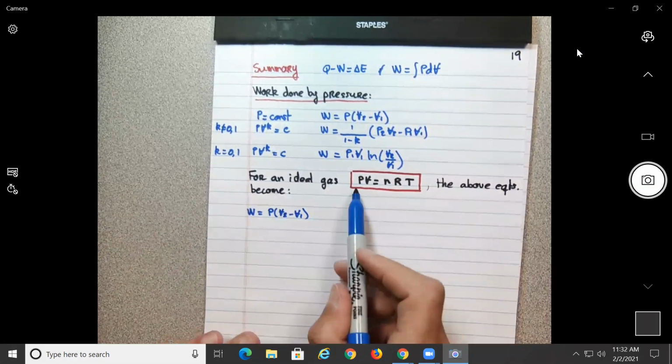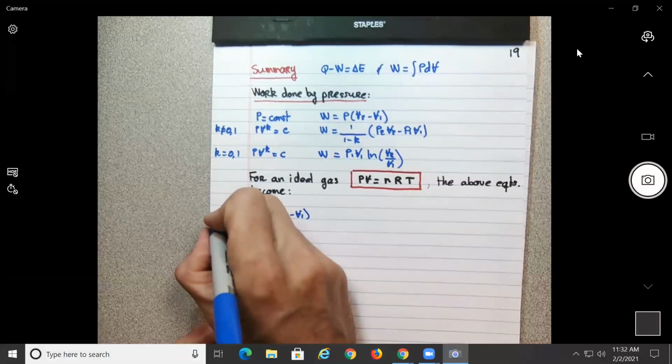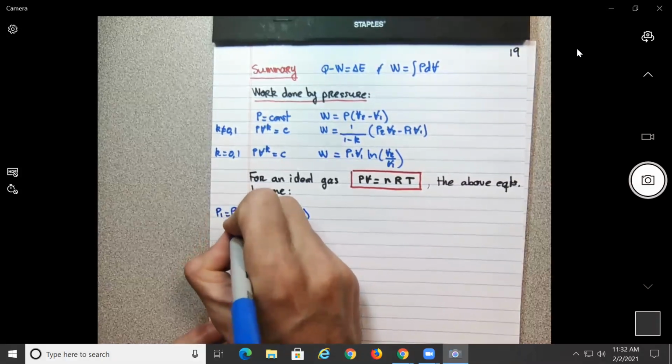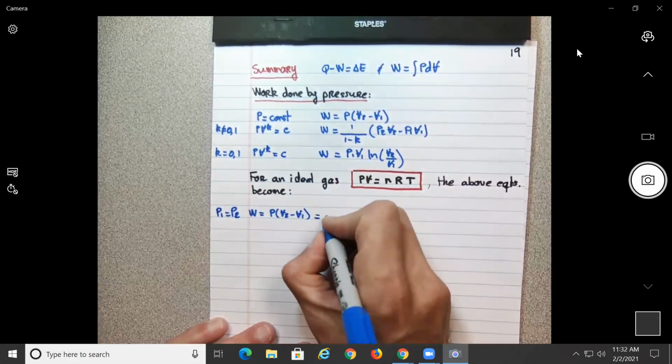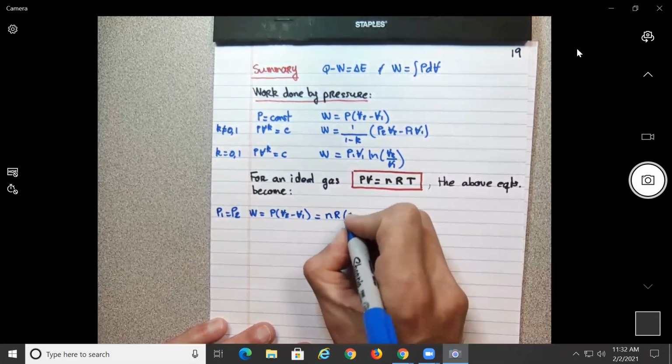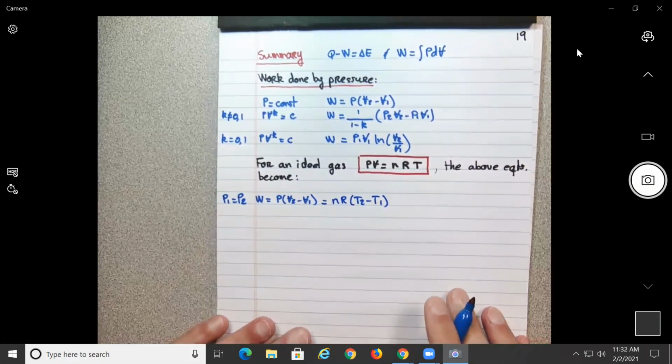So this one, since P is constant, that means that P1 equals P2, no? Yeah? So for this one you have P1 equal P2, P is constant. So you could write this as just what? nR(T2 minus T1).